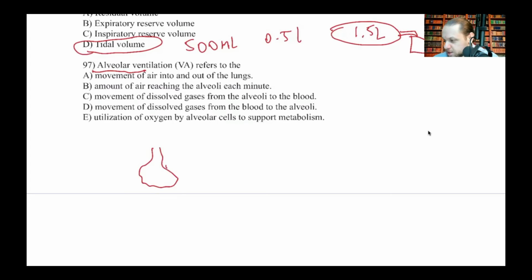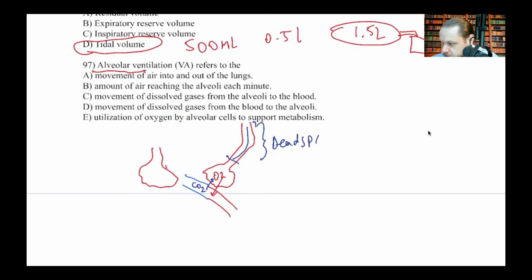If this is your alveolar tissue, and this is where you have your gas exchange, all this stuff up until this point is dead space. If you recall from the lectures I did, the actual alveolar gas exchange occurs at this portion here.